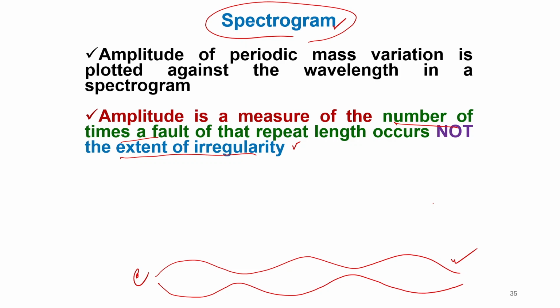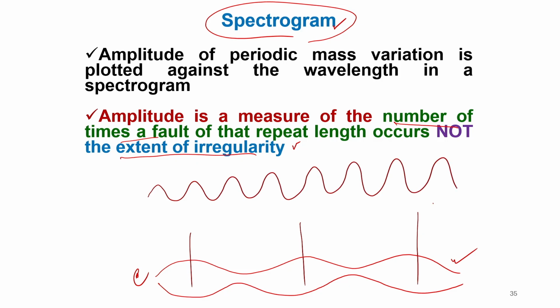Now, this is one variation, this is the wavelength, and in another sliver the wavelength is small. This is the wavelength of that material.